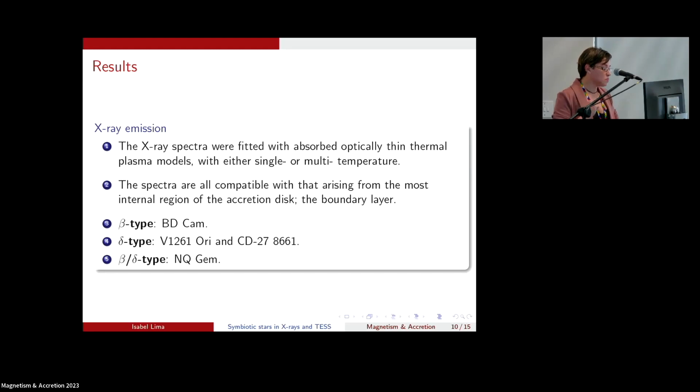And the spectra are all compatible with the X-ray emission coming from the boundary layer. And in terms of the X-ray emission classification, I improved the census. BD Cam is a beta, V1261 Ori and CD-27 are deltas, and NQ Gem is a beta-delta type, which was previously reported.